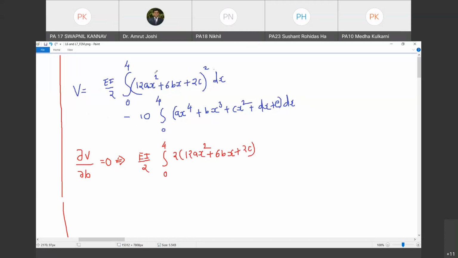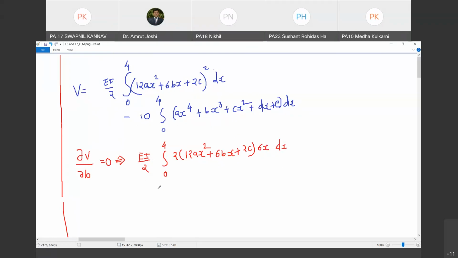The first term is going to vanish, it doesn't involve b. Third term is going to vanish, it doesn't involve b. The second term involves b. So this differentiation is going to be 6x. Are you with me, Nikhil? Yes, sir. 6x dx. So this is the differentiation of the first term with reference to b.